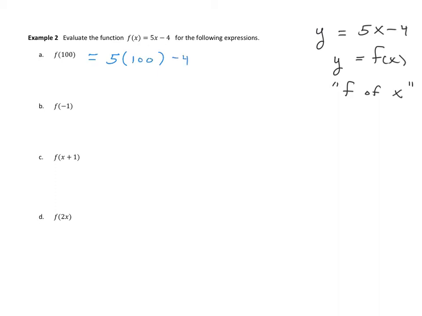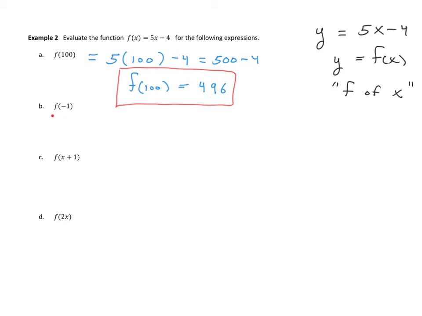So this is what f of 100 means. To simplify it, that's 500 minus 4. And altogether, this means that f of 100 is equal to 496. So in this notation, you're saying you're choosing 100 for x, and you got 496 for y.